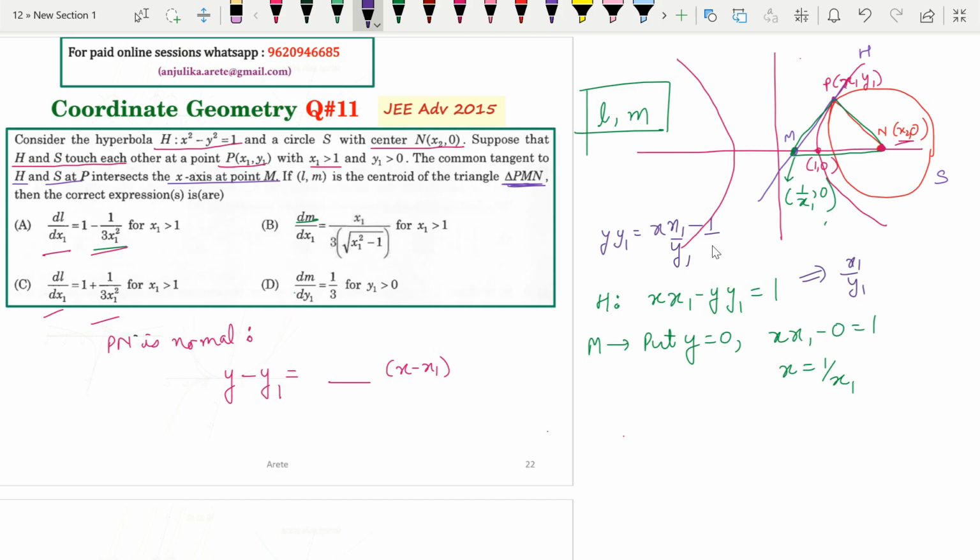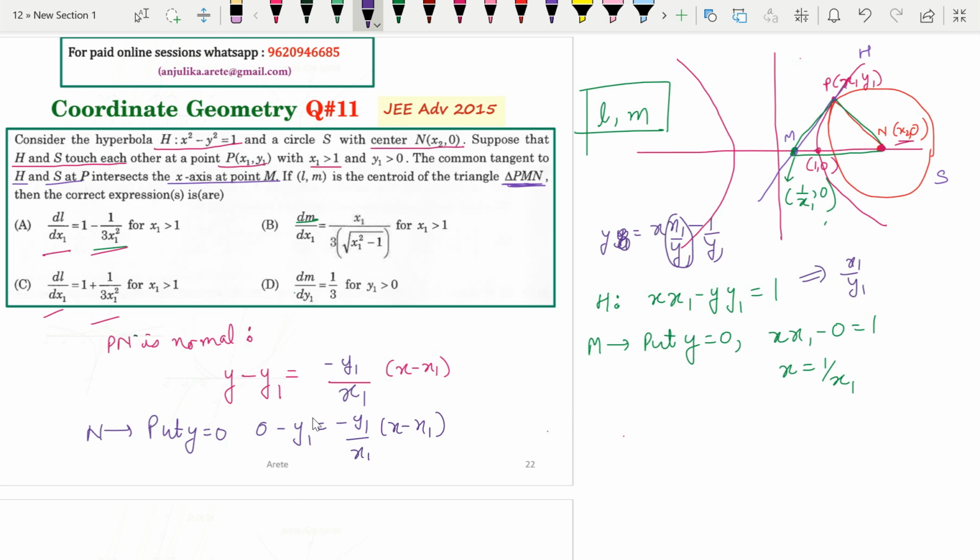So this is your m, and for the normal, it will be the negative reciprocal. So let me write that. This is what you're getting. Now to get N, N is on the x-axis, so you have to put y is 0. So 0 minus y1 is equal to minus y1 upon x1 times (x minus x1).